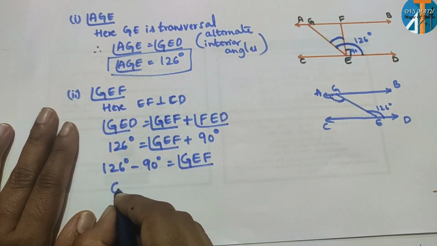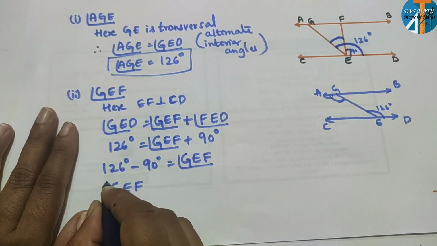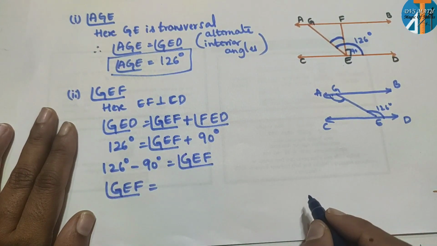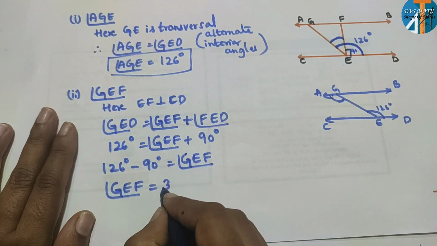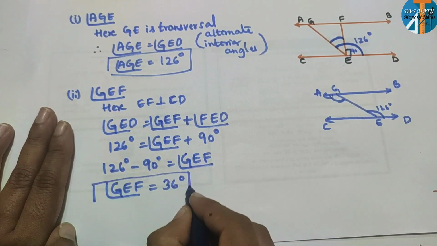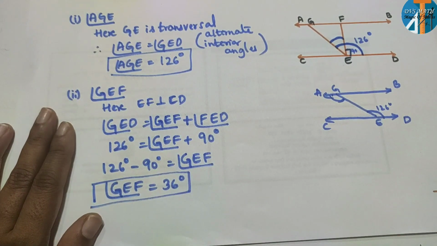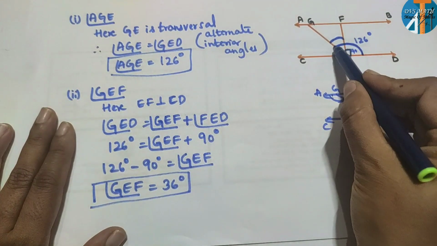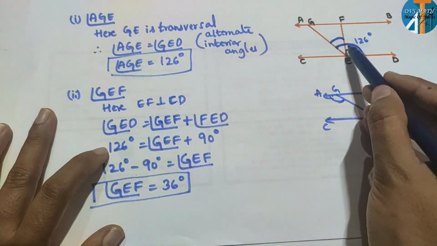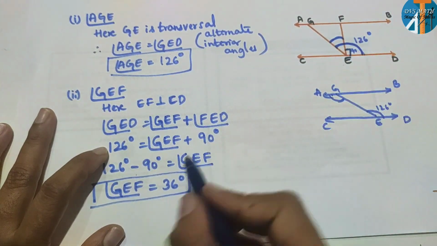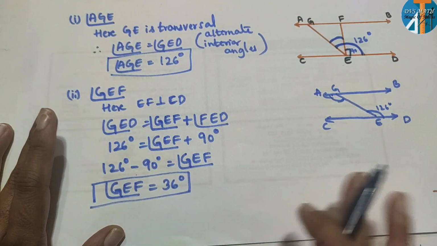Now you want GEF, right? So GEF is equal to 126 degrees minus 90 degrees. In 126, if you minus 90, it is 36 degrees. So you got GEF also. I think it's clear, right? This whole 126 will be the sum of this GEF and the FED, that is 90 degrees. If you subtract 90 degrees, you get GEF.